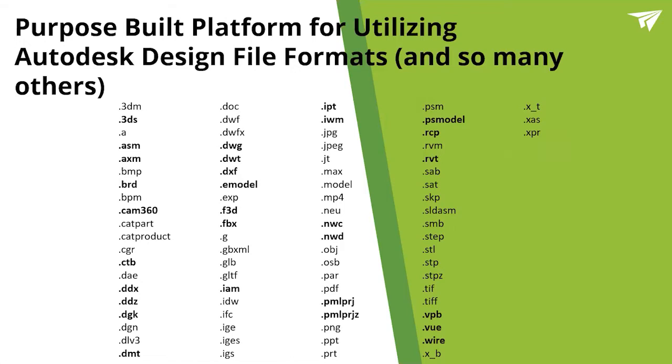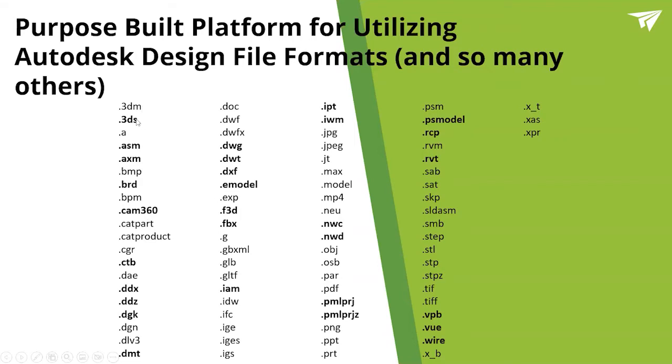You can go out and do that search yourself. Go to the link for the Autodesk Knowledge Network. As you can see here, this is a list of 83 different file types that can be leveraged within the Autodesk Construction Cloud and the Unified Platform. Those that have been bolded are Autodesk specific file types as well.